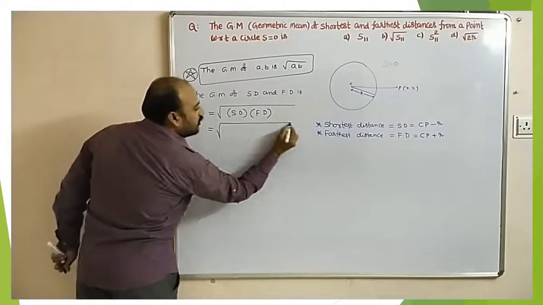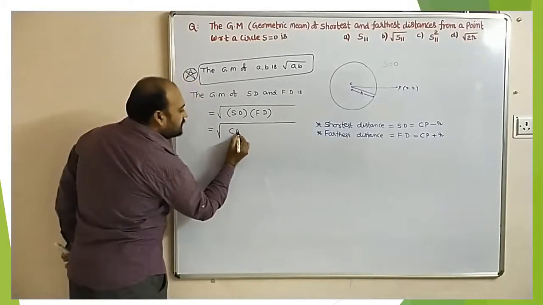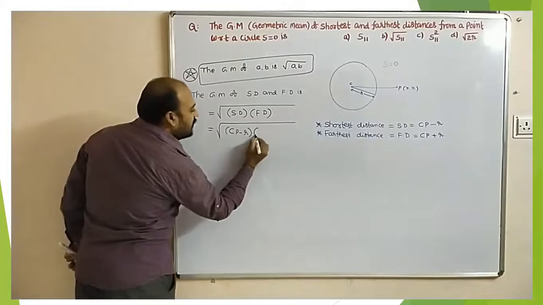That is equal to the square root of (CP minus R) into (CP plus R).